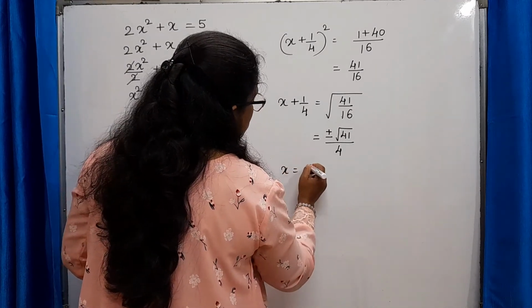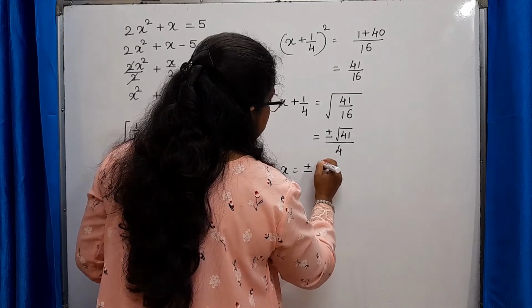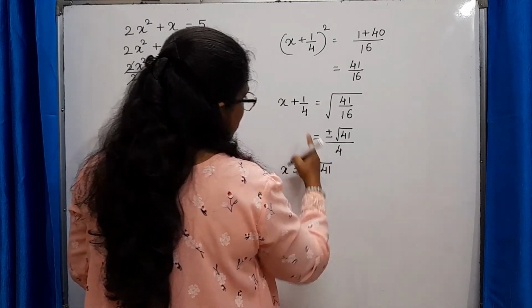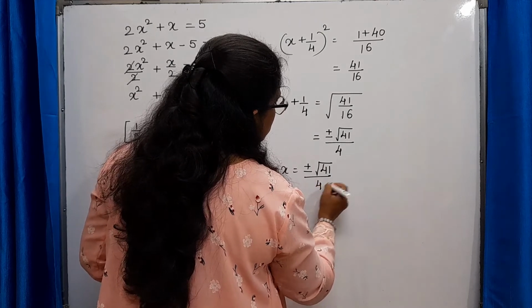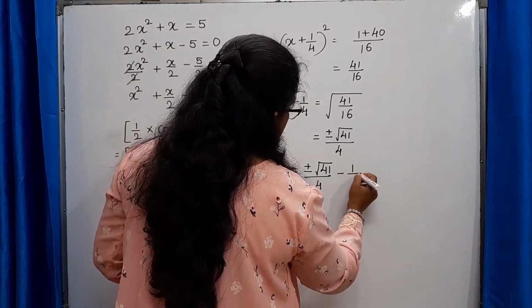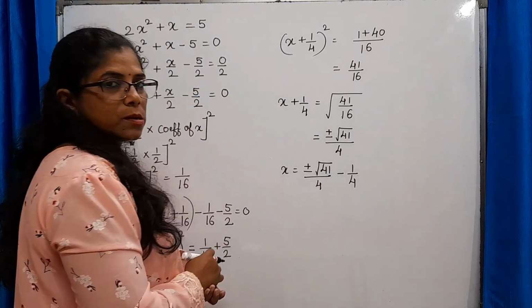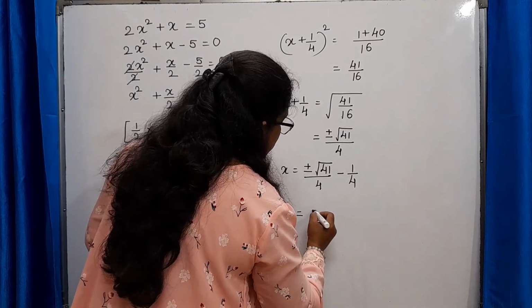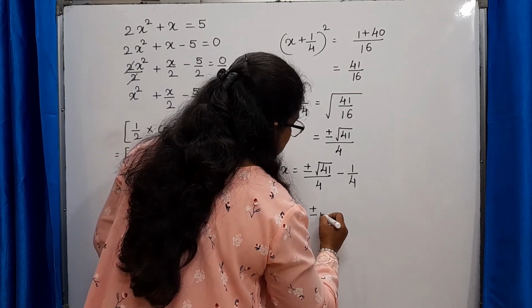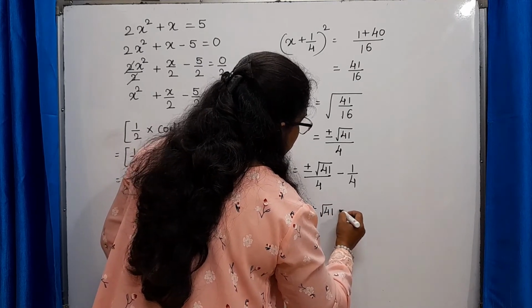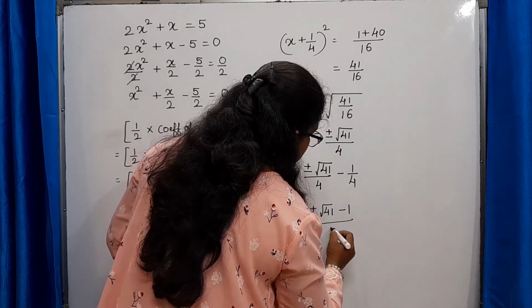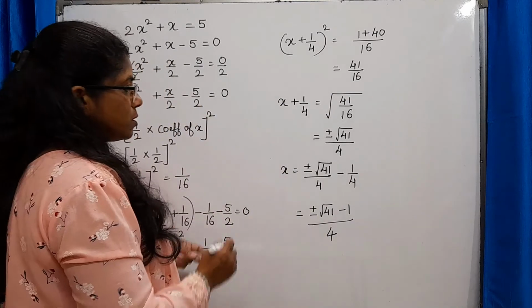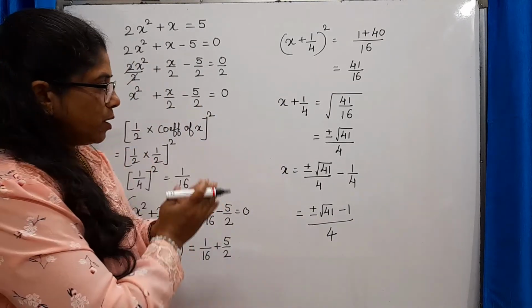Now x is equal to plus or minus root 41 upon 4 minus 1 upon 4. As denominators are same, we can write this as plus or minus root 41 minus 1 upon 4. So these are the roots of the quadratic equation.